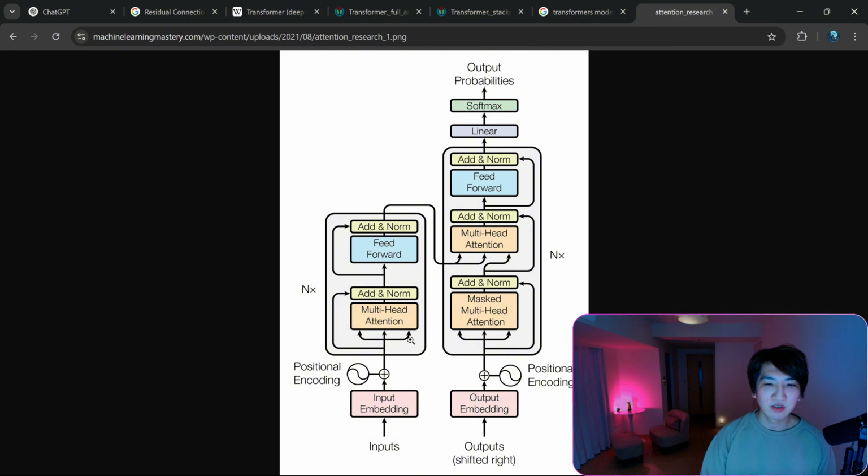And the input is used to create matrices called Q, K, and V inside this multi-head attention. I'm not going to talk about multi-head attention in this video, but input goes through this layer and it would output a tensor.